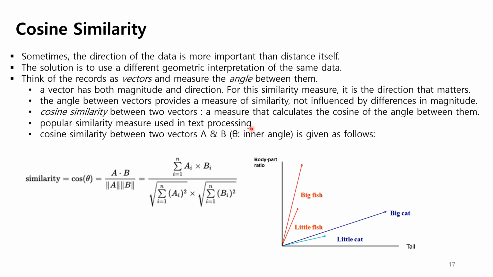And finally, this is the formal definition of cosine similarity. Cosine similarity is cosine theta, where theta is the angle between two vectors, and the formal definition is given as follows. So that was cosine similarity.